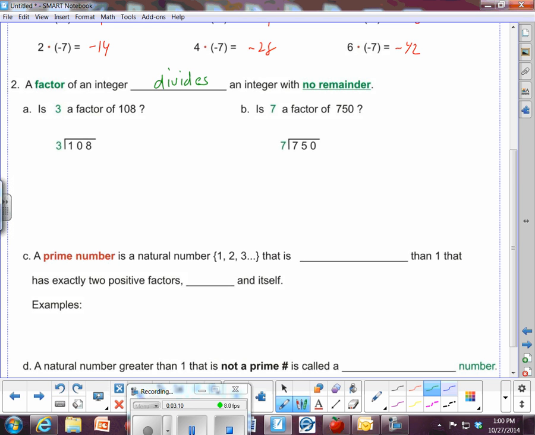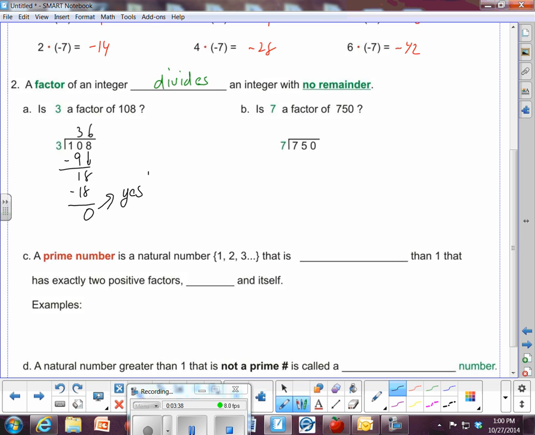Long division, you guys know how to do it. 3 goes into 10 3 times. 3 times 3 is 9. Remember, we subtract. Bring down the 8. 3 goes into 18 6 times. 3 times 6 is 18. And look, a 0 remainder.